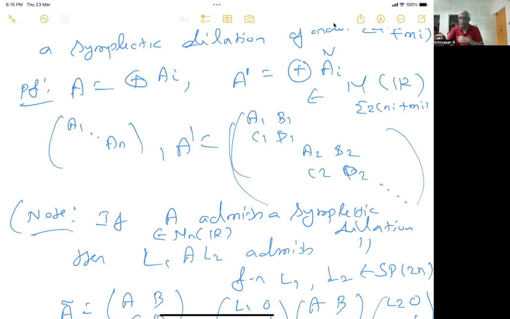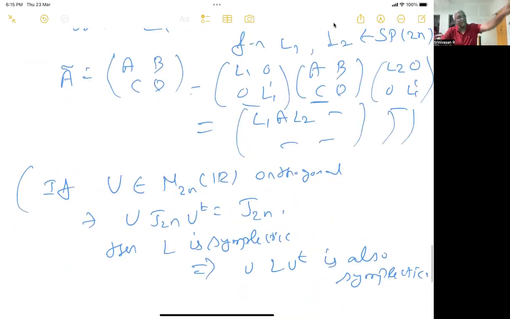Since that preserves J2N, applying that unitary leads this A tilde to another symplectic thing, which will have the original A1, A2 up to this. I have said it only for 2 cross 2, when there are just two directions. For n directions, you have to make several permutations of the rows and columns.